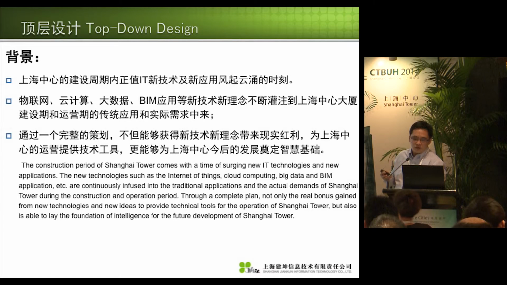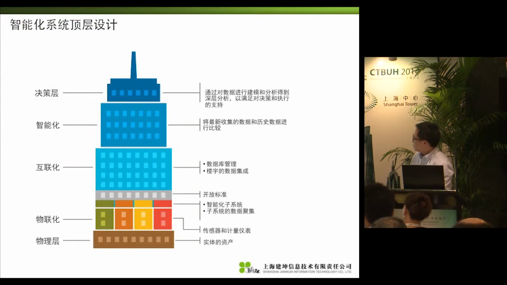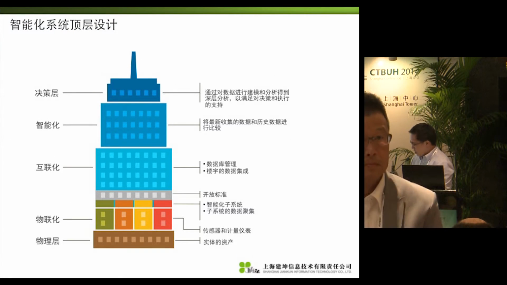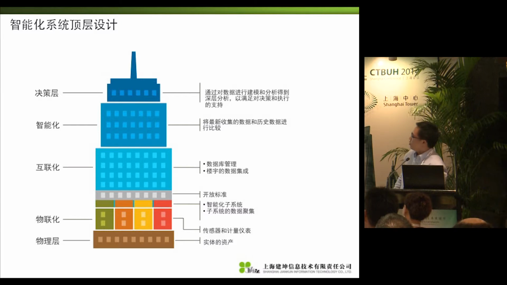We believe that with complete planning, these new technologies can bring more benefits to us. And in addition to the new tools, we believe that this is also a very solid foundation for our intelligent center in the future. There are 5 levels of this high-level design.